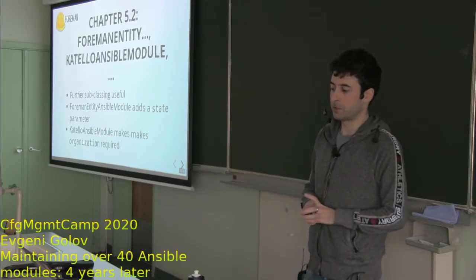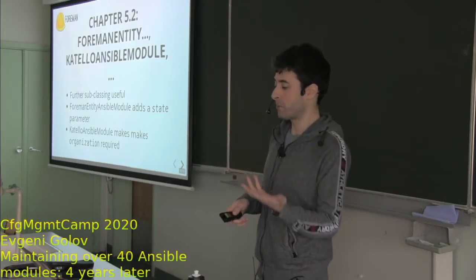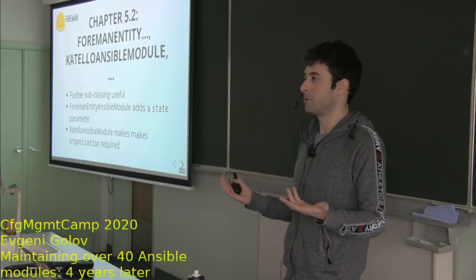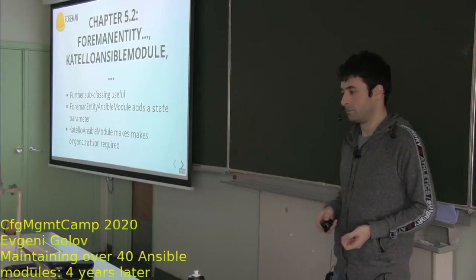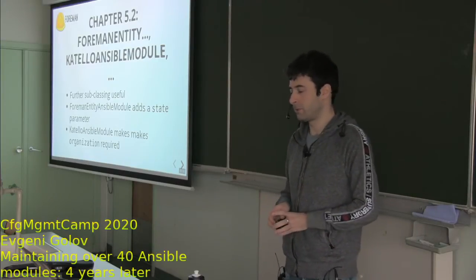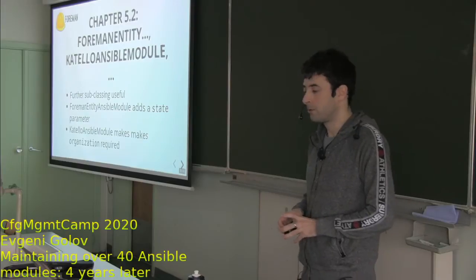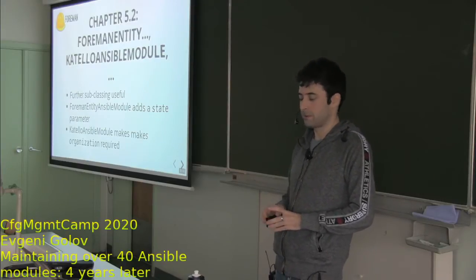For example, Katello needs you to have organizations enabled. Foreman itself doesn't. So one of the differences between a Foreman Ansible module and a Katello Ansible module is that the organization parameter is required. And given that we have like 20-ish Katello modules, it helps a lot.